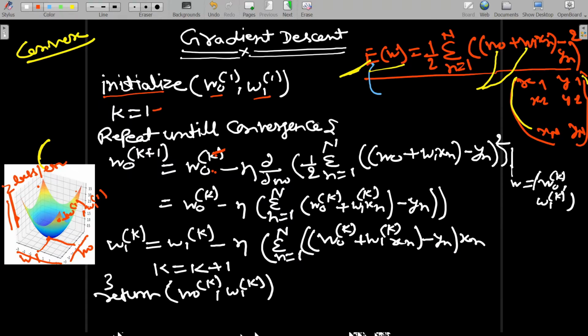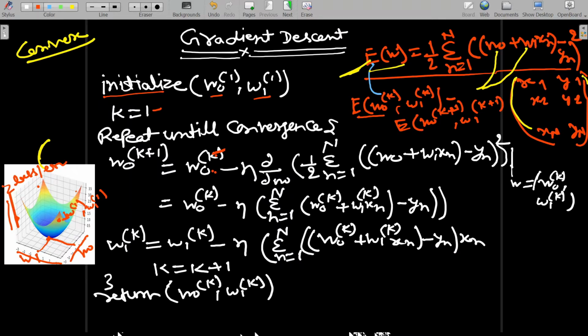Repeat until convergence. So what is the meaning of convergence? Convergence is like we have an error, which is nothing but error of W0k, W1k minus error of W0k plus 1, W1k plus 1.